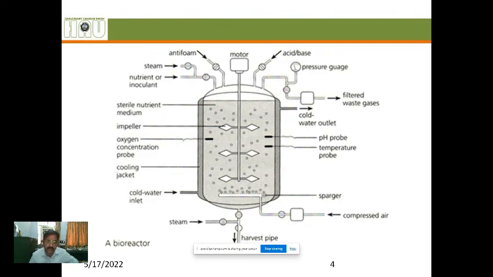There must be the ports, and there must be accessories including your impeller and compressor. One more thing which is lacking in this diagram is the baffles, which may be added here, with a width of one tenth of the total diameter of the fermenter or the vessel. And the working volume of an ideal fermenter is around 70%, or in another word, two-thirds.